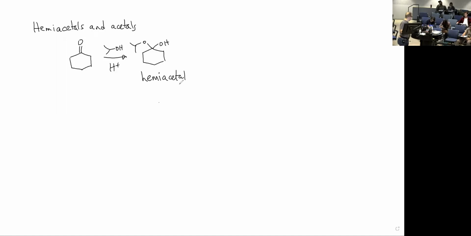That's the addition product of one molecule of the alcohol. So you have O-alkyl and OH on the same carbon. And we define that as being a hemiacetal functional group. But then it will go on to react further. And you will get the full acetal.